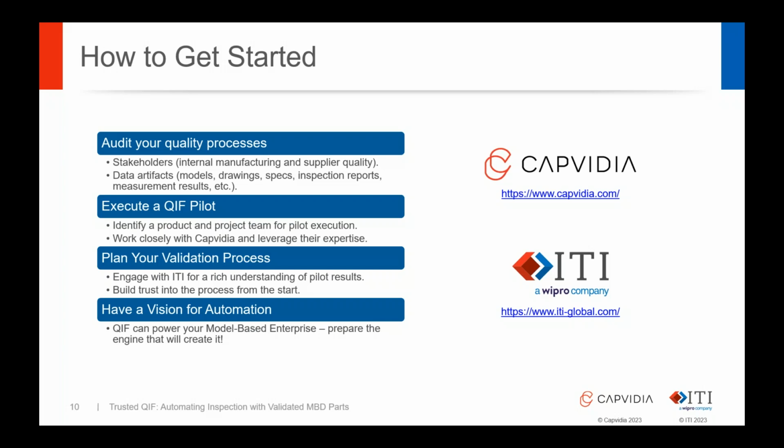The next thing I would say is that you want to work on setting up a QIF pilot. So identify a product that you'd like to run through this pilot, identify a project team for the execution of the pilot, and then work closely with people who have been there before. This is where I think you could really leverage the expertise of Capvidia.